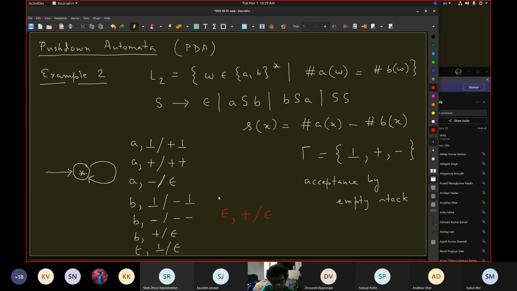That's the non-deterministic choice. That's not a bad thing. But if the machine gets rid of more than 5 extra pluses, then it will end up in a bad situation. It cannot recover. But non-deterministically, this is okay. Fine.